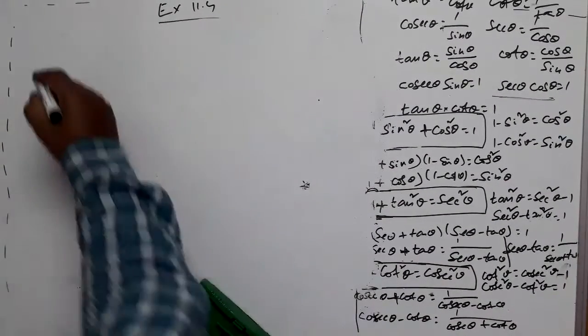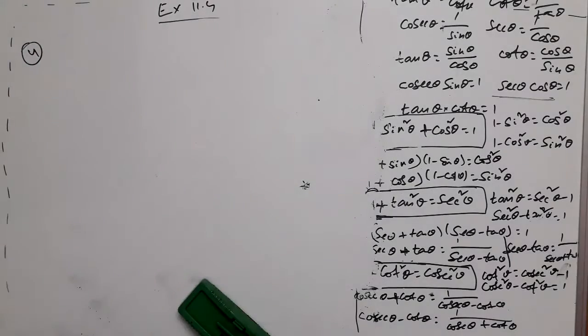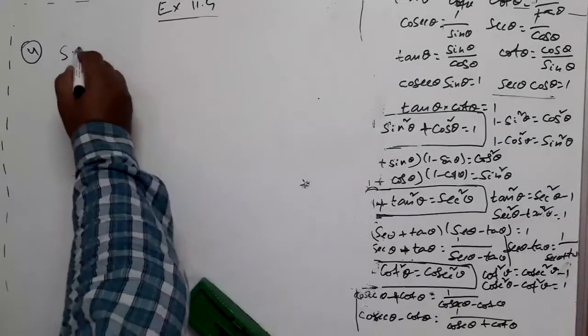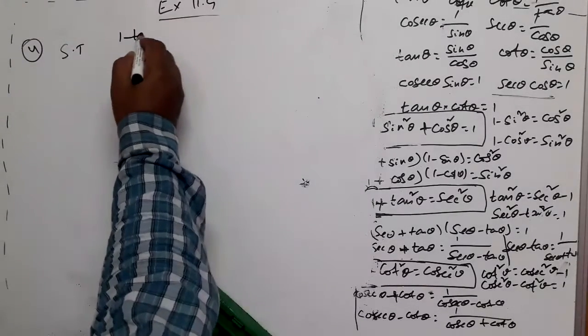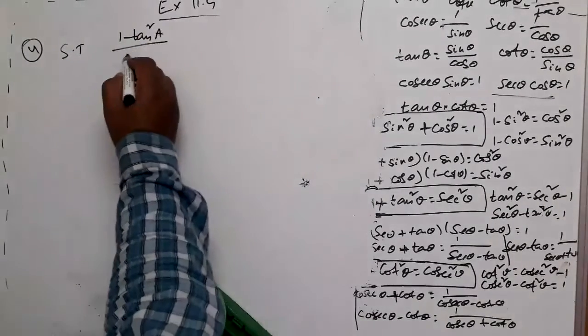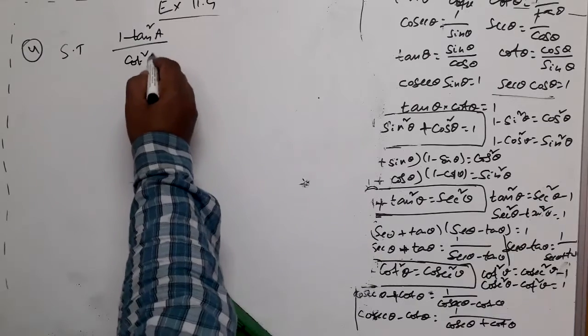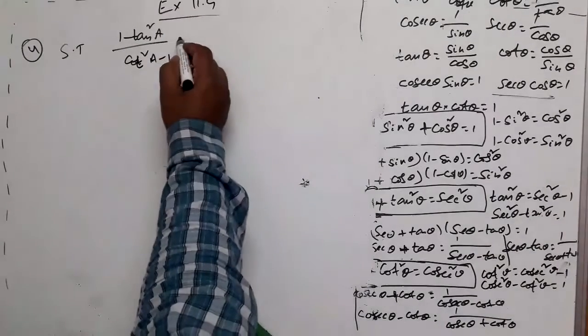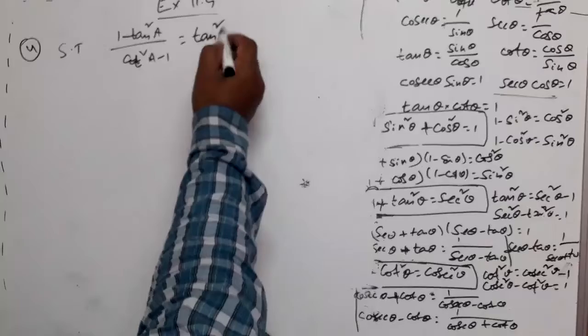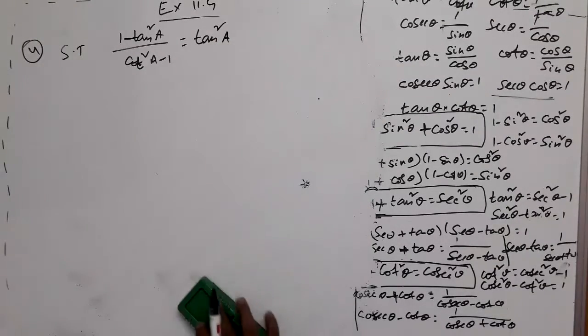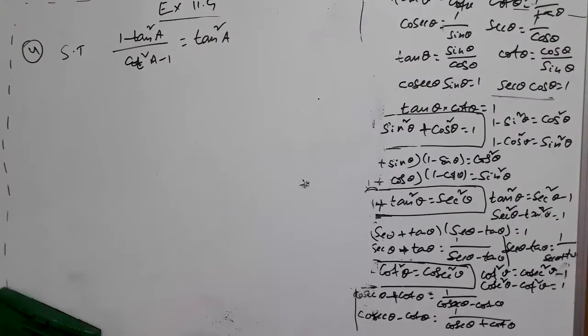Question number 4. Show that 1 minus tan square a by cot square a minus 1 is equal to tan square a. This is the question. Any idea?